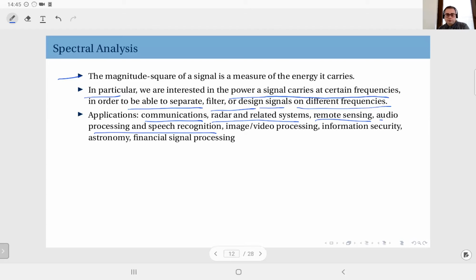There are a lot of applications in entertainment and industry, in speech processing and audio processing, and obviously also image and video processing, because high frequency in images and video corresponds to rapid changes.